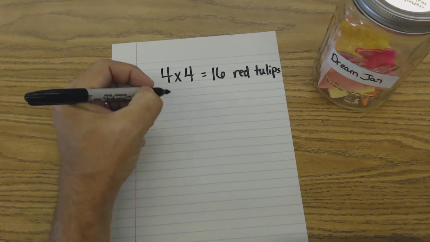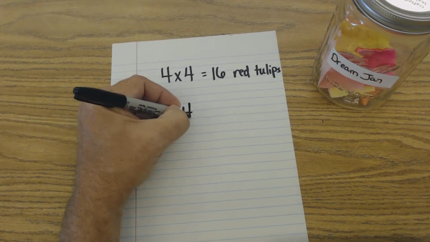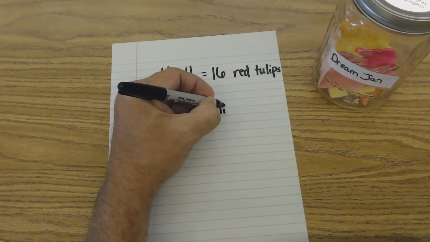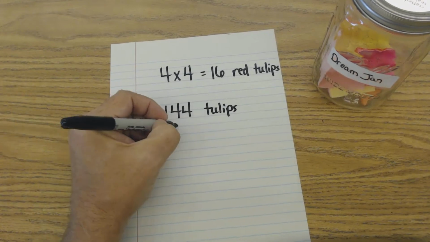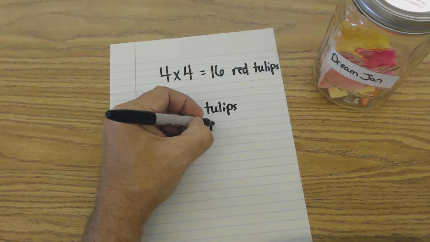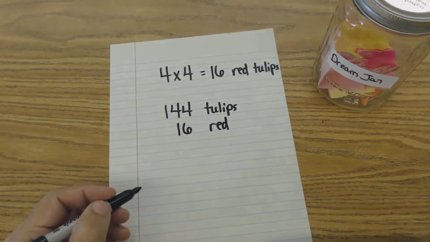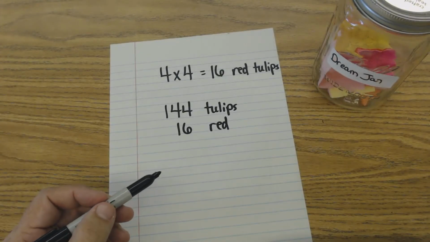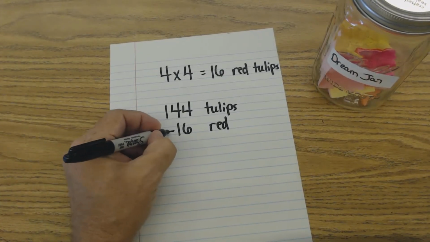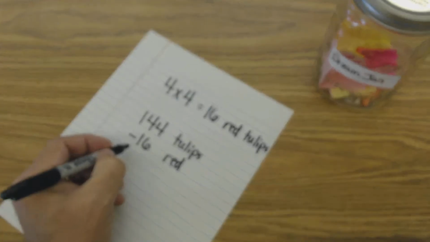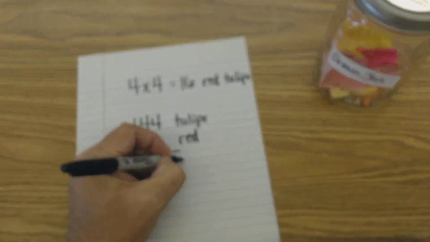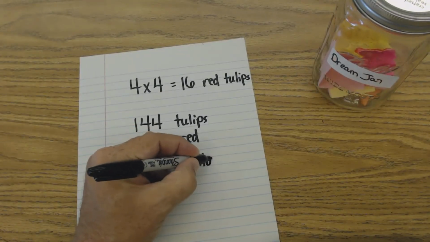Alrighty. So with that information, we knew there were 144 tulips altogether. 16 of them are red. To figure out how many are yellow, if we subtracted the 16 from 144, that would tell us how many of them are yellow.